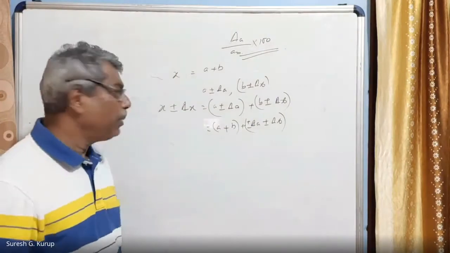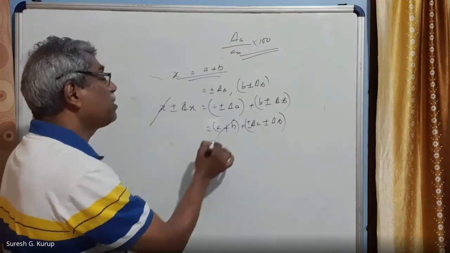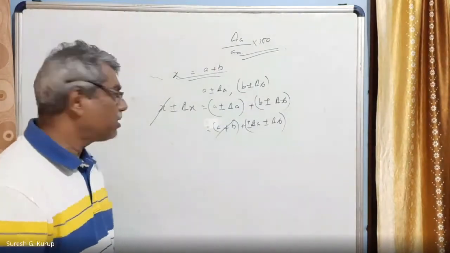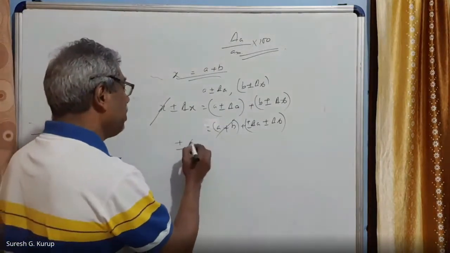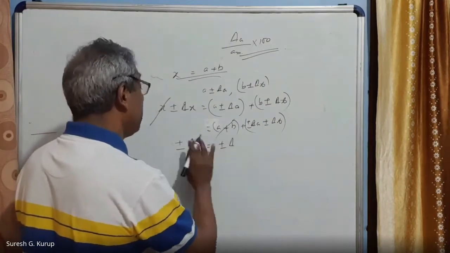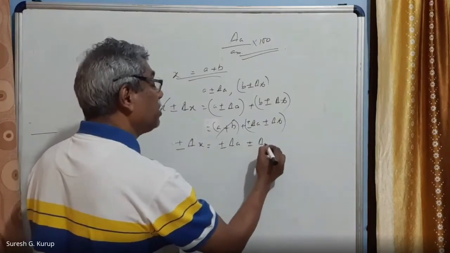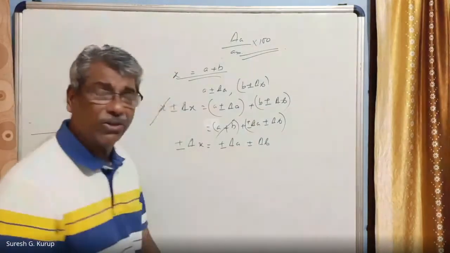But x is equal to A plus B, so x and A plus B cancel. Therefore we can write plus or minus delta x is equal to plus or minus delta A plus or minus delta B.